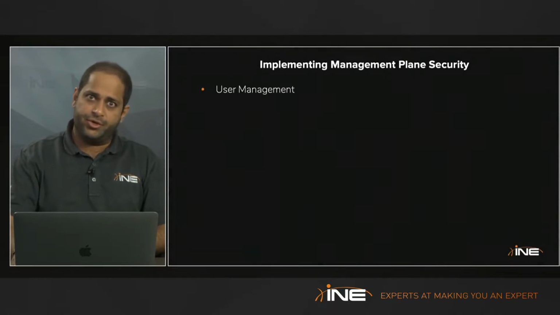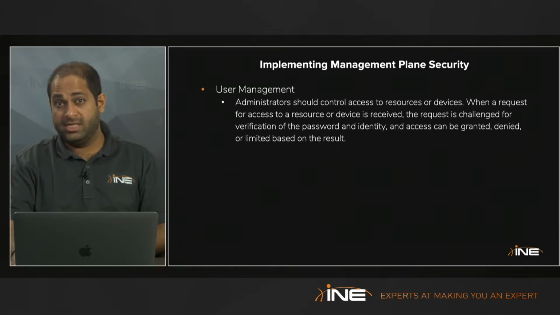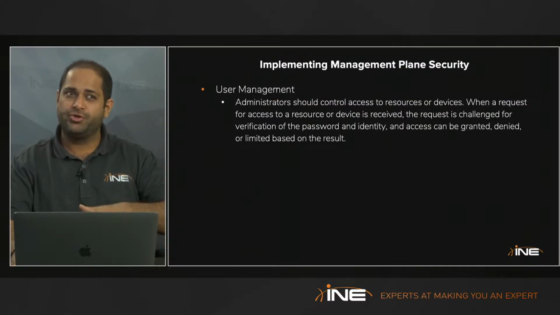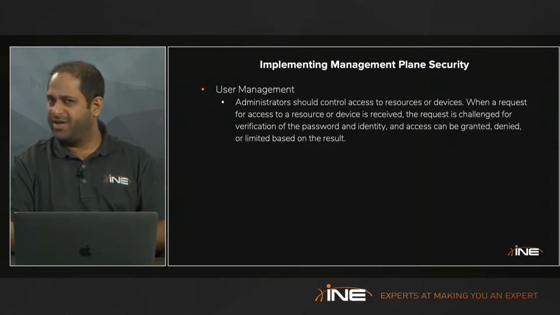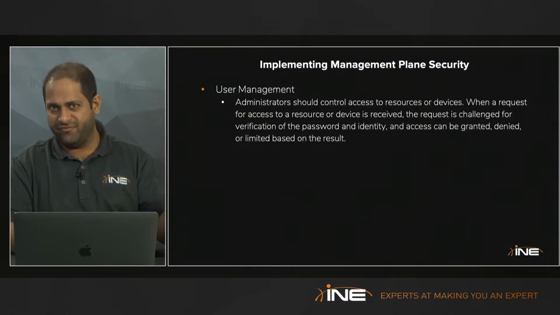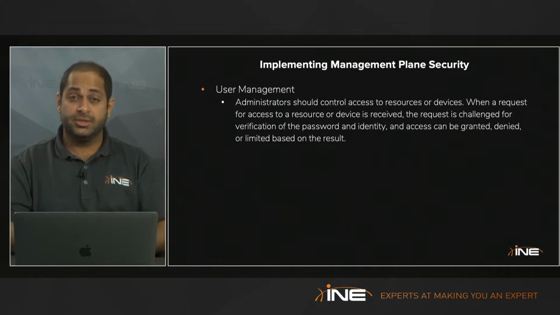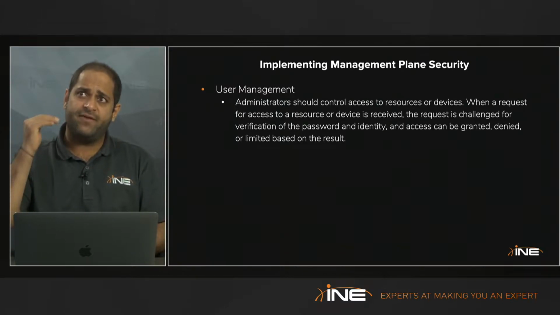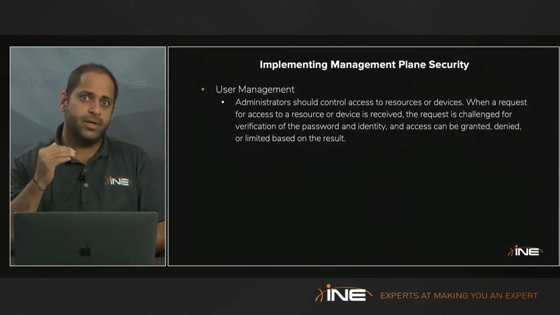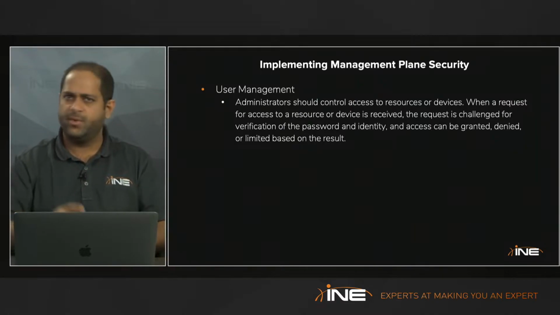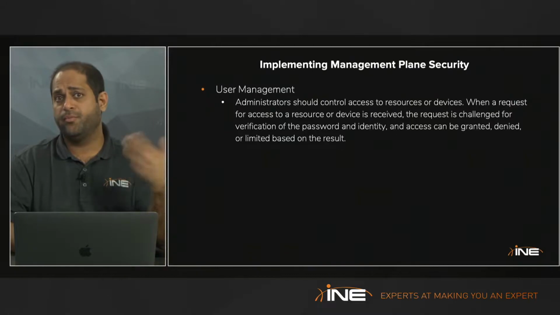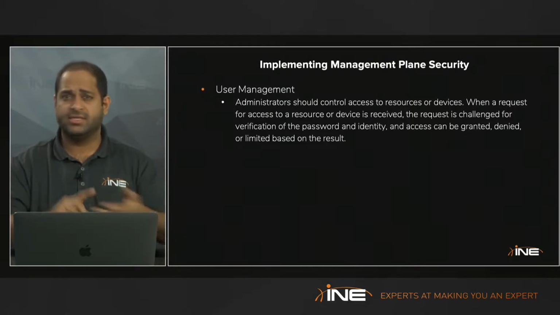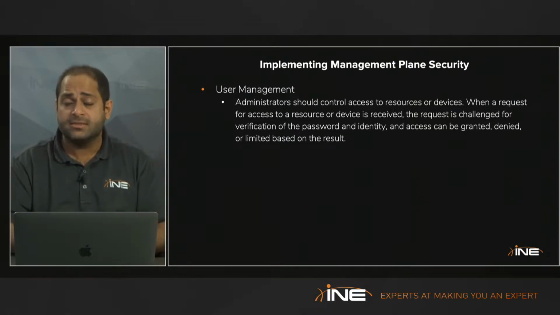The next thing that you should do to protect your control plane is, like I said, don't just use a password, use defined usernames. There are various levels of usernames that you can define and give them permissions. You should always have a username and password being prompted when you connect to a device, whether it's local access through the console or remote login, maybe through Telnet or SSH or maybe even HTTPS.